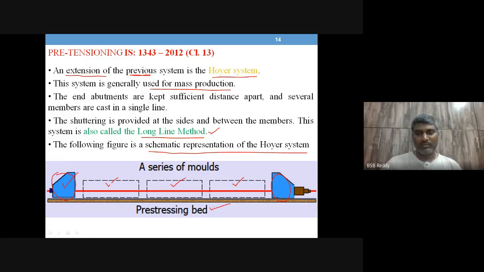They shall be stationary and in place while you pull the tendon with a heavy force, like 2000 megapascal. Imagine how much force you are pulling with. For that force, these abutments have to be in place. That is the task in pre-tensioning.